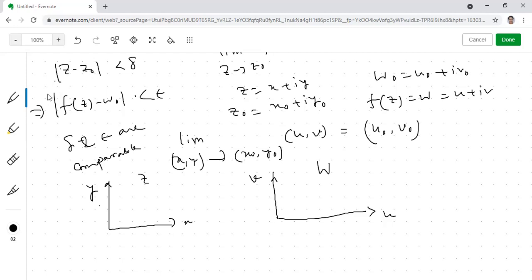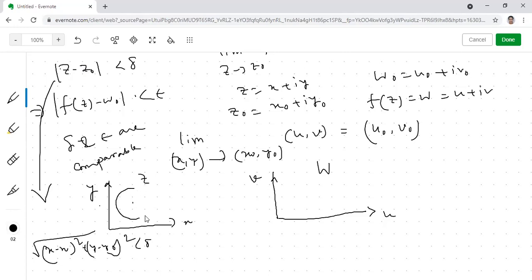You know that this will in general represent the inside of a circle: the square root of (x minus x0) whole square plus (y minus y0) whole square less than delta. So say this is the point (x0, y0), and this will be a circle, and this radius is delta. So we are varying actually the independent variable here. That means in that interval we are varying the value of the independent variable. Now for that, the function f(z), you know, will map each and every point that we are considering here into the w plane.